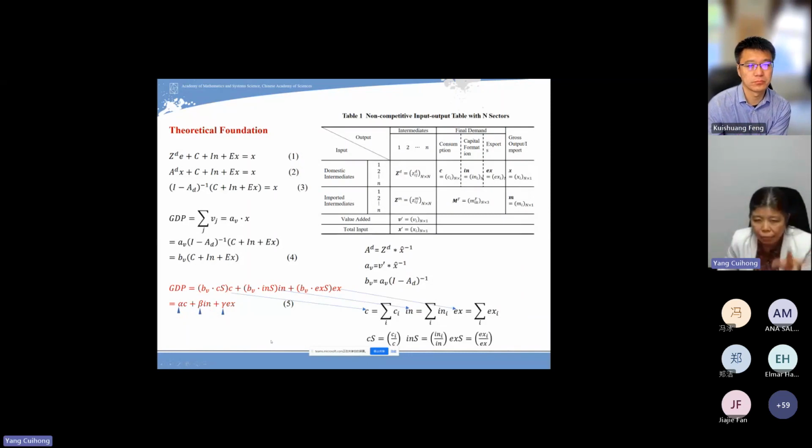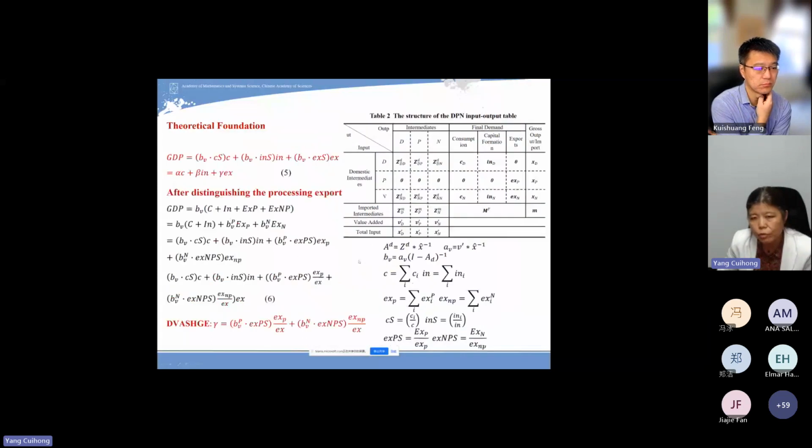But as I just said, we would like to identify the host of processing economies. But in this table, the processing export is hidden, because there is no distinction between processing export and non-processing export. So let's ask for help from another table.